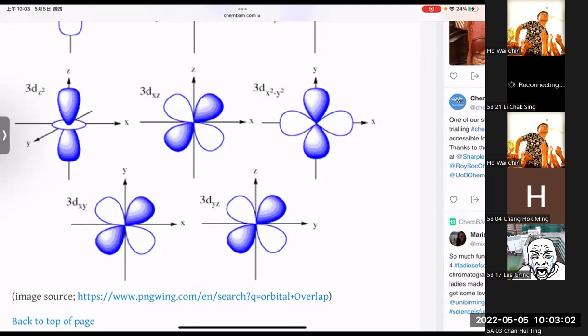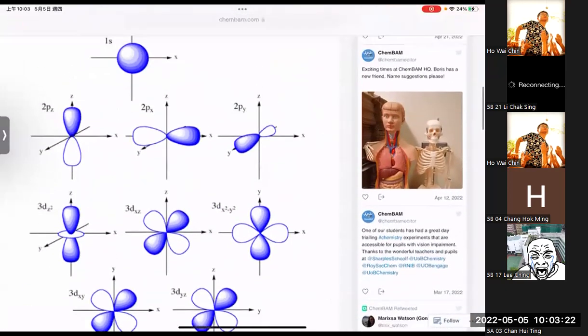So it is rather special, making the variation of the physical and chemical properties, because the electrons are now filled in with this. Why does filling in this lead to a stronger metallic bond?